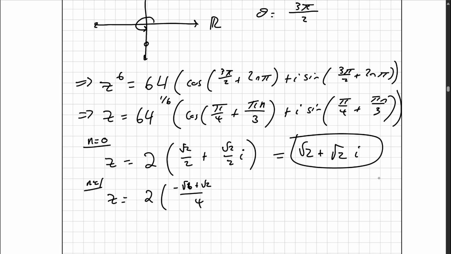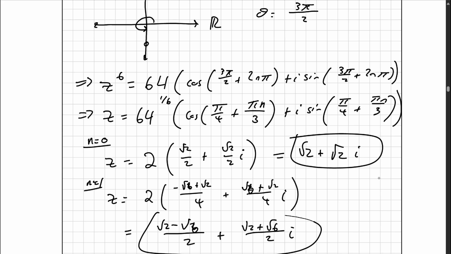And then sine of 7 pi on 12 is plus root 6 plus root 2 over 4i. So that's equal to root 2 minus root 6 over 2 plus root 2 plus root 6 over 2i.